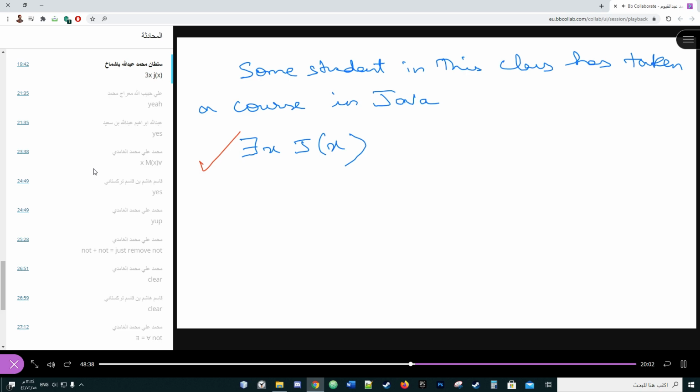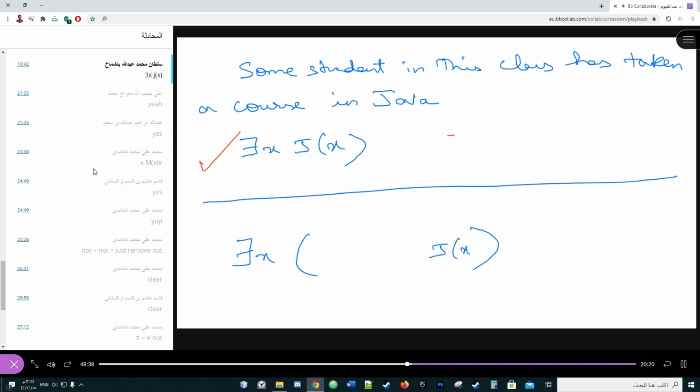But someone else might say, no, my domain is all students. So if I have all students, then I need to make a few changes. Yes, this is for some. I'm talking about only some students, and of course X has taken a course in Java. But I say X is a student in this class and X has taken a course in Java.